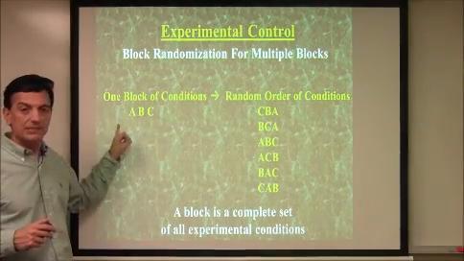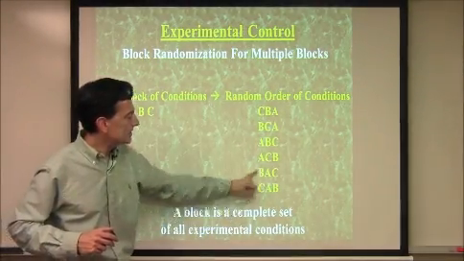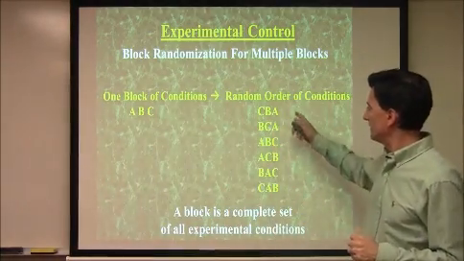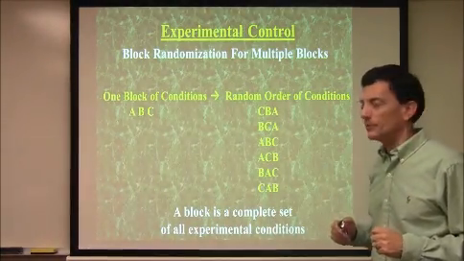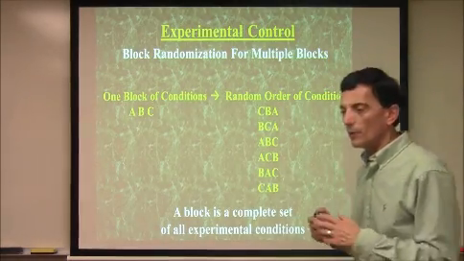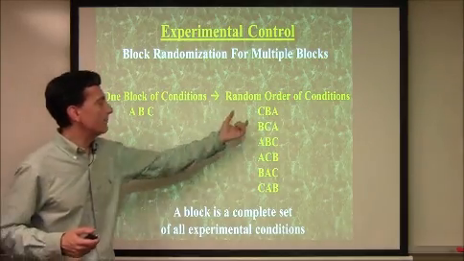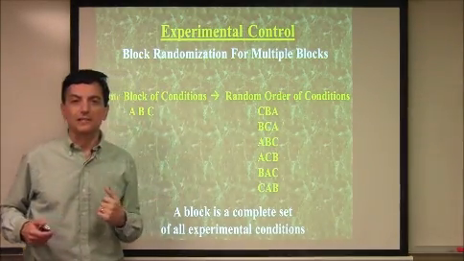For this set of just 3 conditions, you can see that we have 6 different possible combinations, which is very interesting to muse about, the different ways that we can assign people to this sequence. And all the while we're hoping to control for such things as order effects, and we're making sure that we don't get a buildup in any one of these conditions to the exclusion of other conditions.